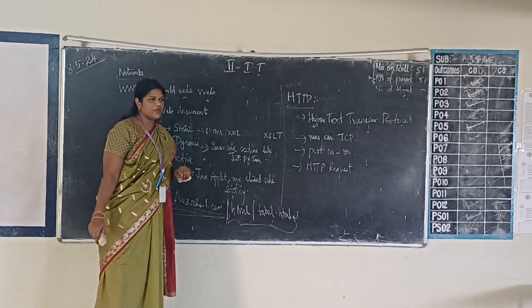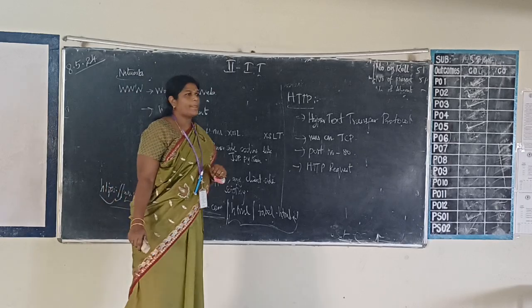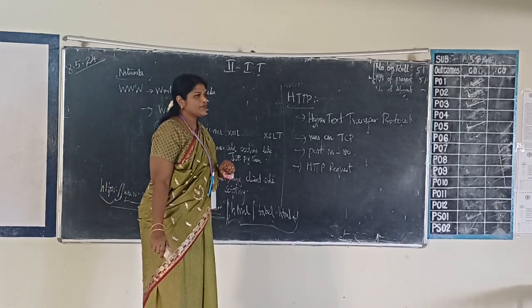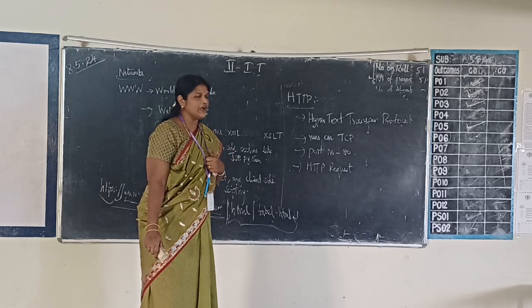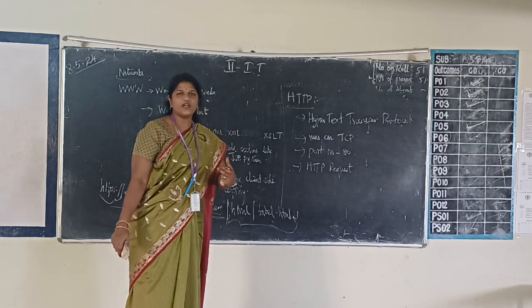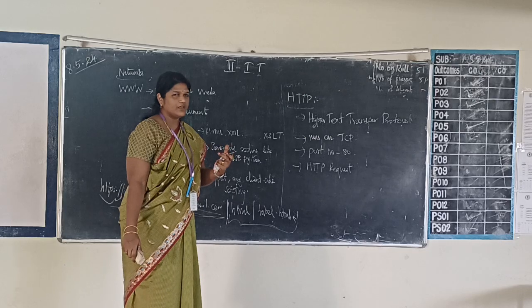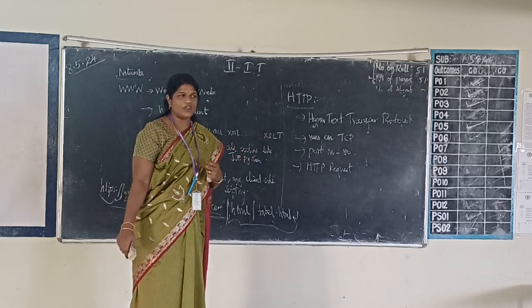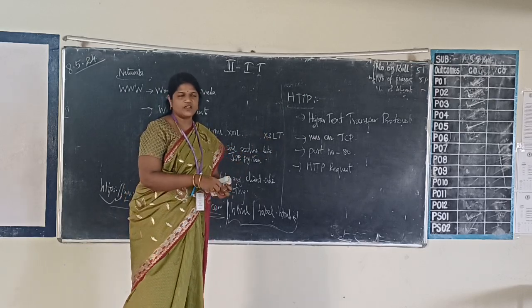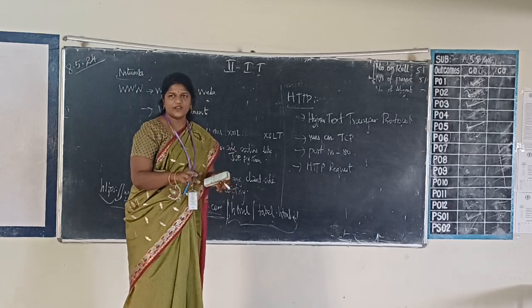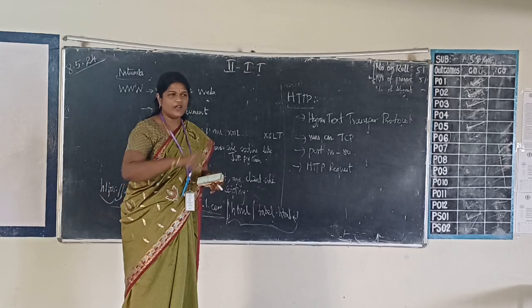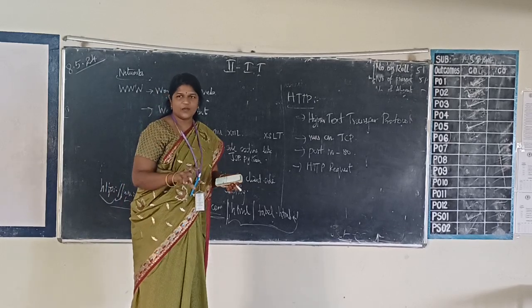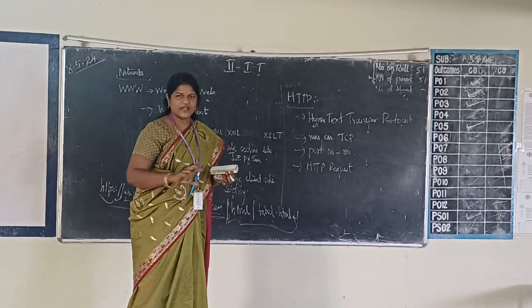And what is a dynamic web document? Suppose I am a user in India, and I want to retrieve the current date and time from a particular server. I send the request, and some server responds, so I get the time.